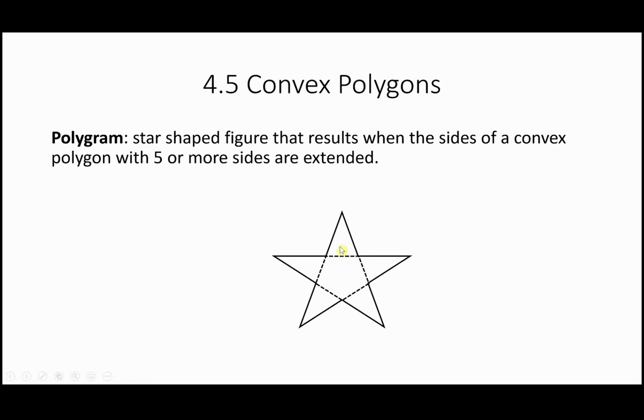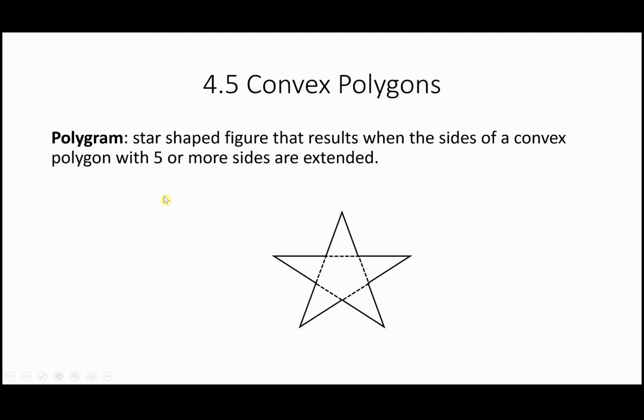So this dashed line here, you can assume it's a regular pentagon, and the isosceles triangles tacked on all of the dashed edges are what form the pentagram, which is a type of polygram.